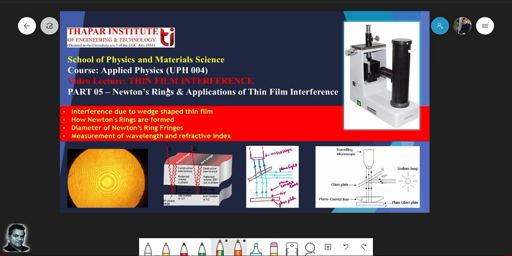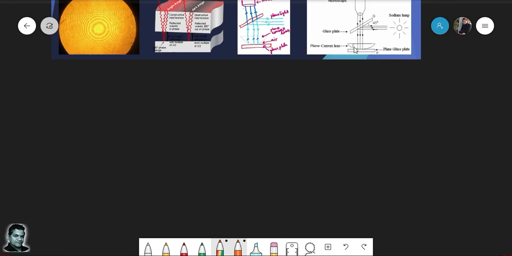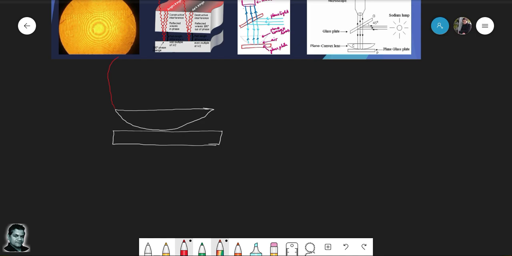Now, to understand the formation of Newton's rings, we have to first understand what this plano-convex lens is and where the wedge-shaped thin film forms. A plano-convex lens setup is like this. There is a plano-convex lens, and a plain glass plate at the bottom of it.